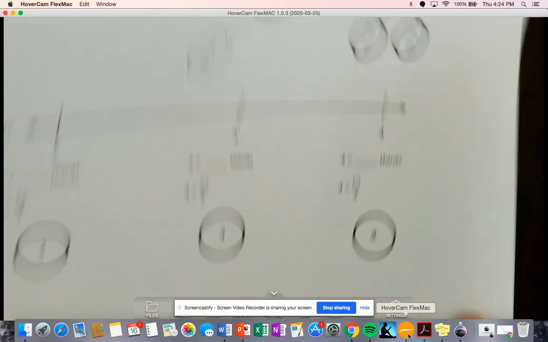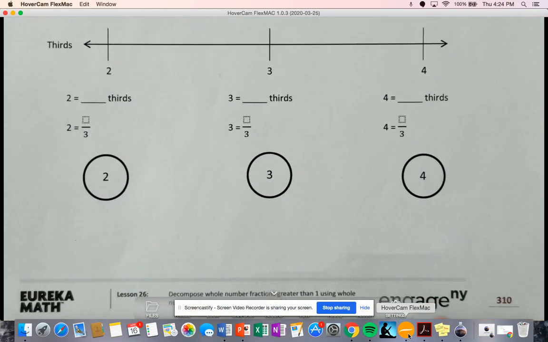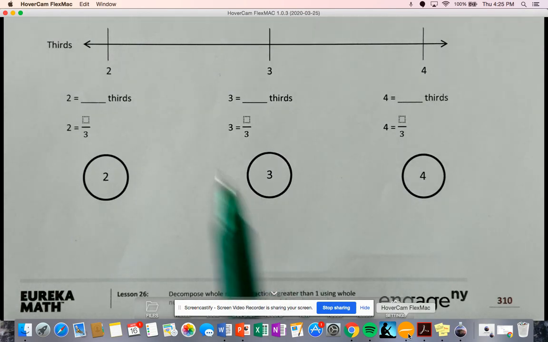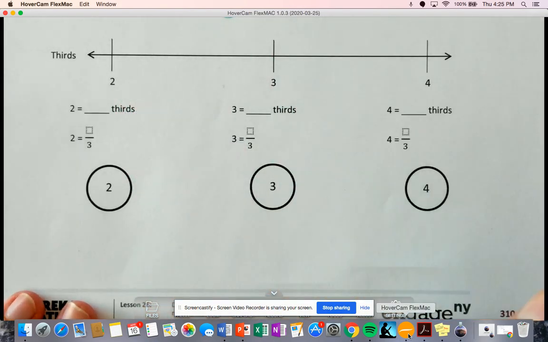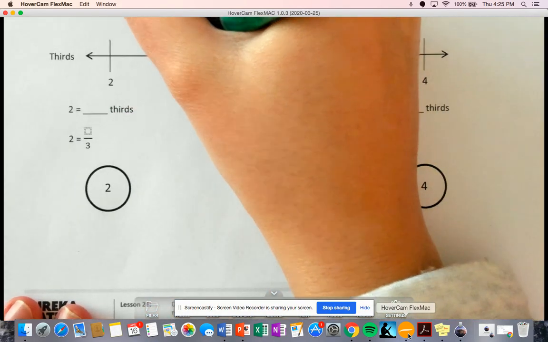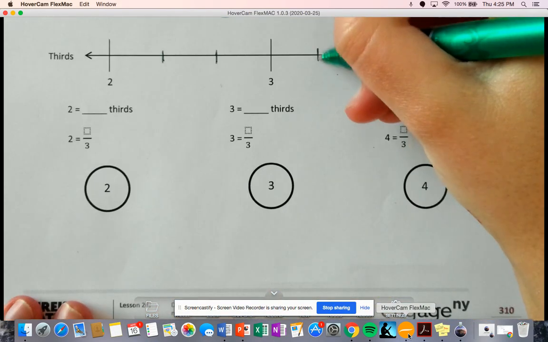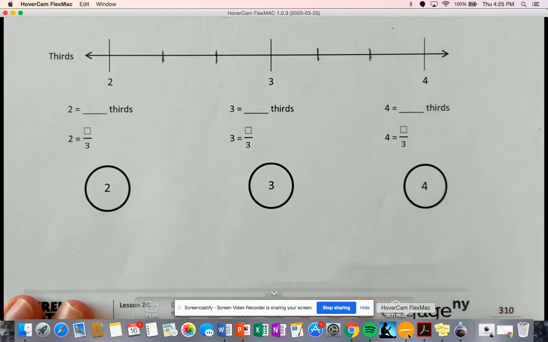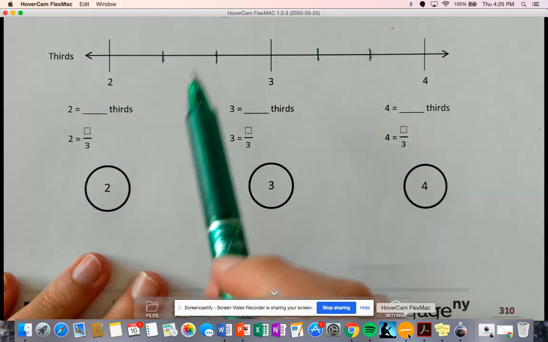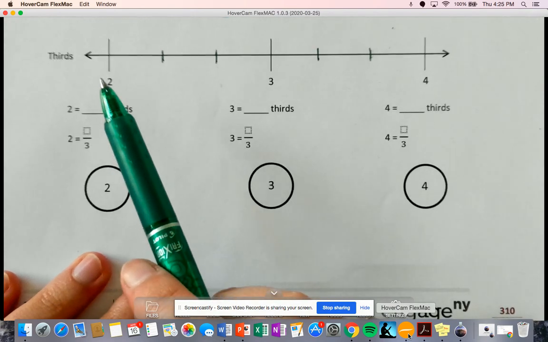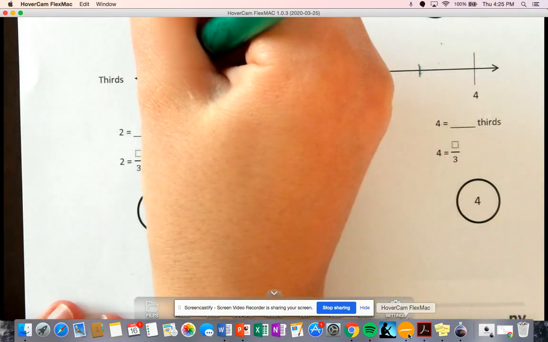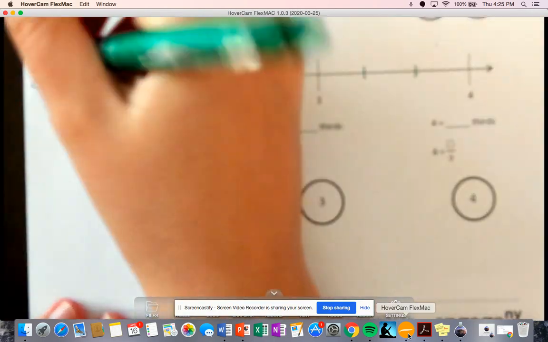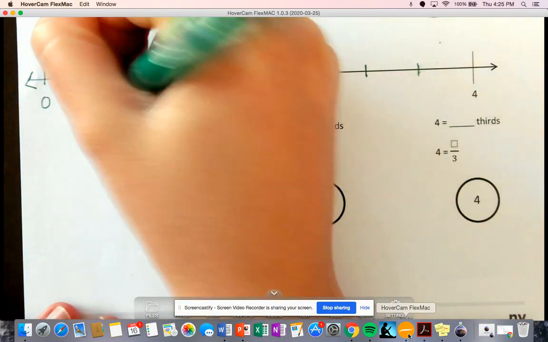Let's try it with thirds. Okay, so I'm cutting my thirds into 3 equal pieces. So I have to draw 2 lines for each whole. And this is starting at 2 whole numbers. So I'm going to extend this as if it went to 0 and 1.